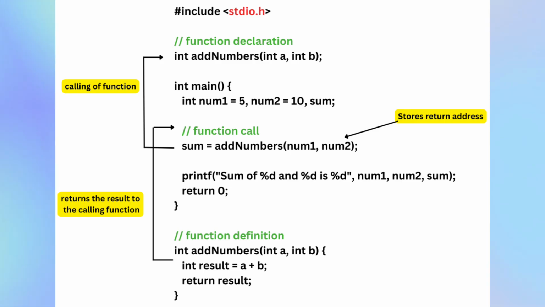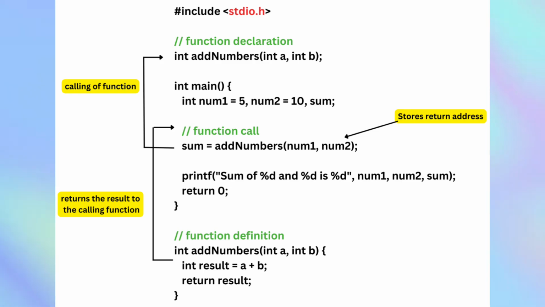This is another example code indicating where the function definition and the function call are located. Here also the return type is integer, it adds two numbers and stores the result.